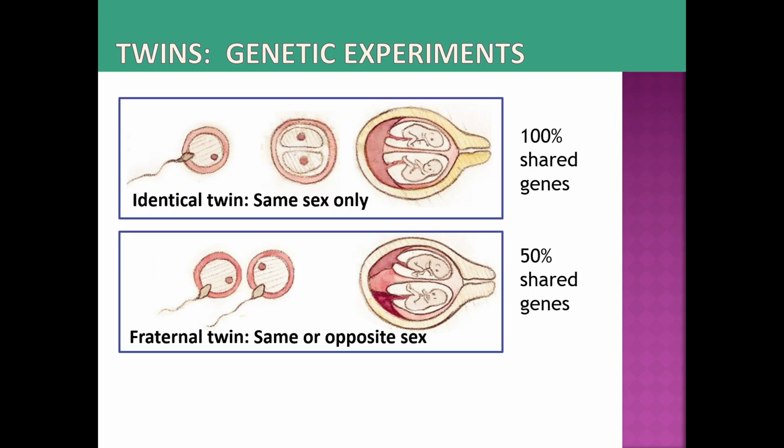So fraternal twins have the same amount of genes in common as regular siblings do, but they have more overlap in their environmental experiences. Identical twins have more genes in common than fraternal twins, right? Twice as much, all of them, but they have the same kind of shared environment in the womb, and also the environment treats them very similarly after birth.